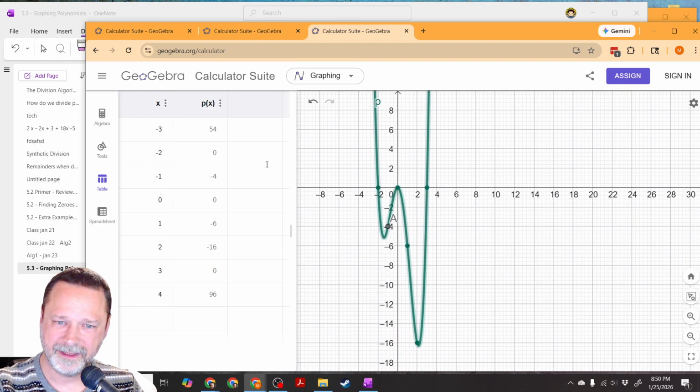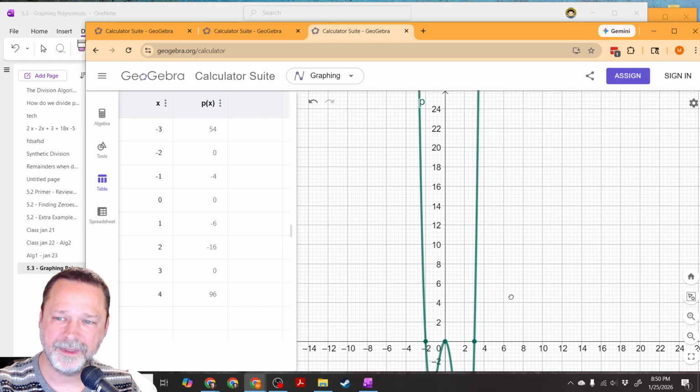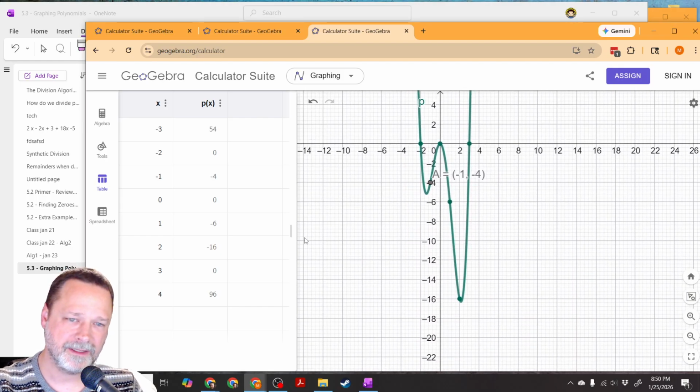Negative 2 was 0. We had our zeros. 1, negative 4. We got all these fun points now. There we go. I'll show you all those. So that's really nice. And it gives us a good idea. So we did a good job on that. That was a good sketch. We did fine. And if we want to get other points, hit 5.